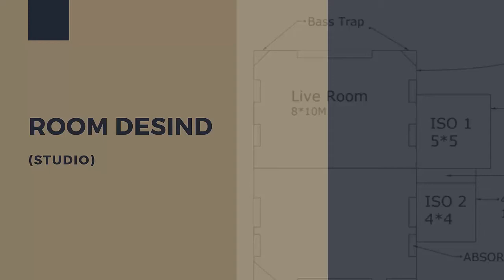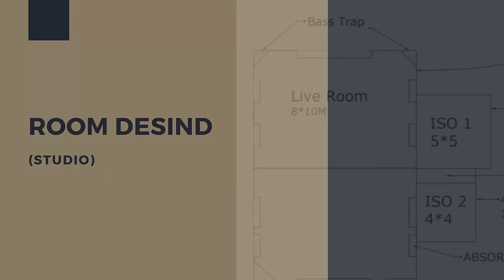In this case, if I want to design a studio, I want to design a studio that can record a full band live, so every musician can play at the same time, but still get a clean sound.